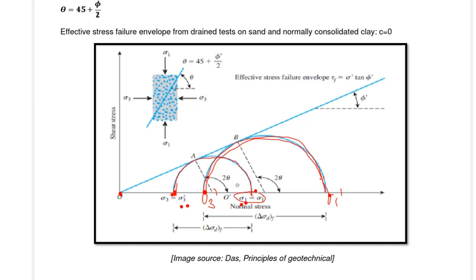Likewise, if we run another test, a third test at yet higher confining stress, again the soil will consolidate and have an even larger Mohr circle at failure.